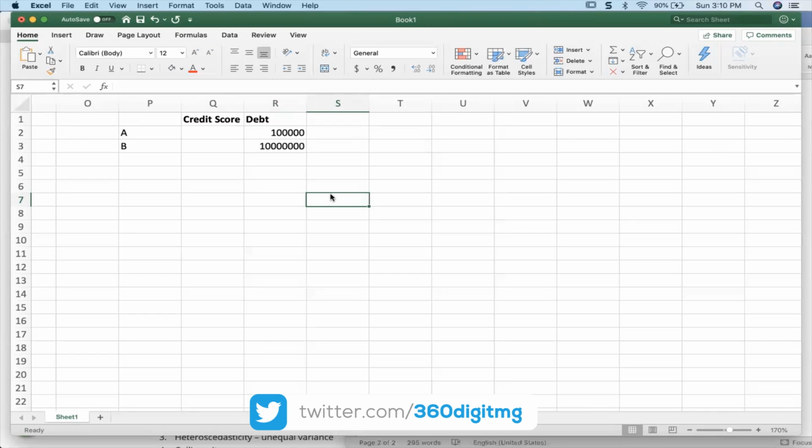If you are a bank and you have to lend a loan, whom would you lend the loan to? That person who has a debt of 1 lakh, or that person who has a debt of 1 crore? Whom would you lend the loan to? Person A. 1 lakh.